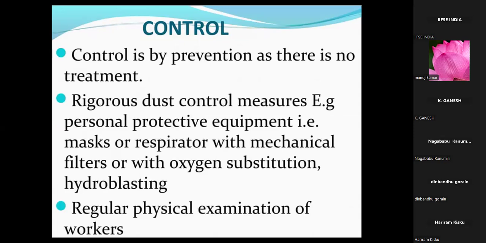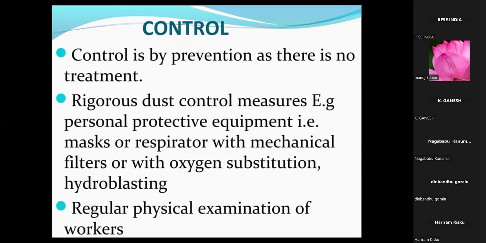And how do we control this silicosis? Control method: the best thing is prevention is better than cure. Same policy over here. The control is best by prevention, as there is no treatment for this. So remember all of these pneumoconioses, which we are going to see in this study: most of them, or almost all of them, have no treatment except for the long struggle to death.